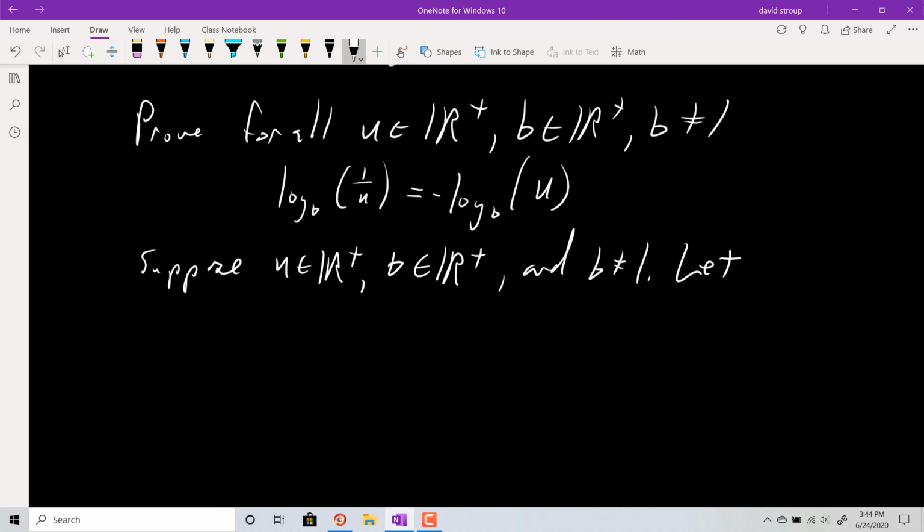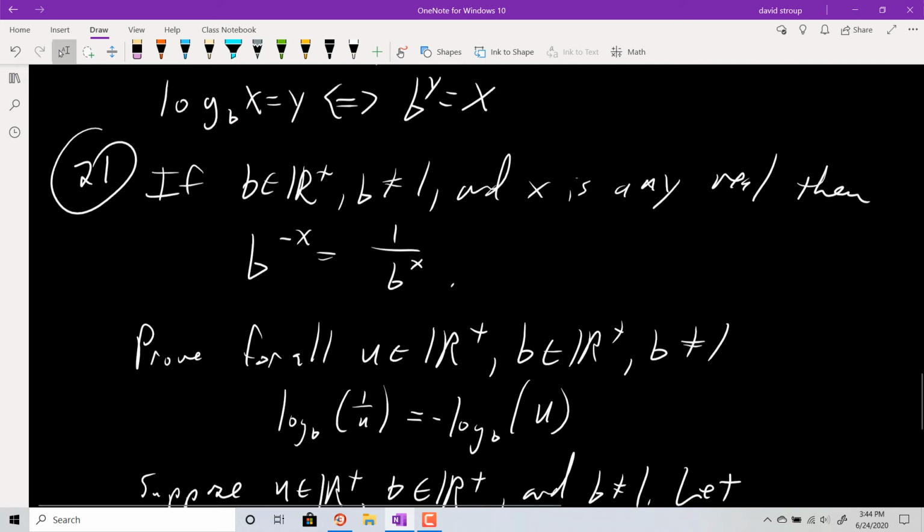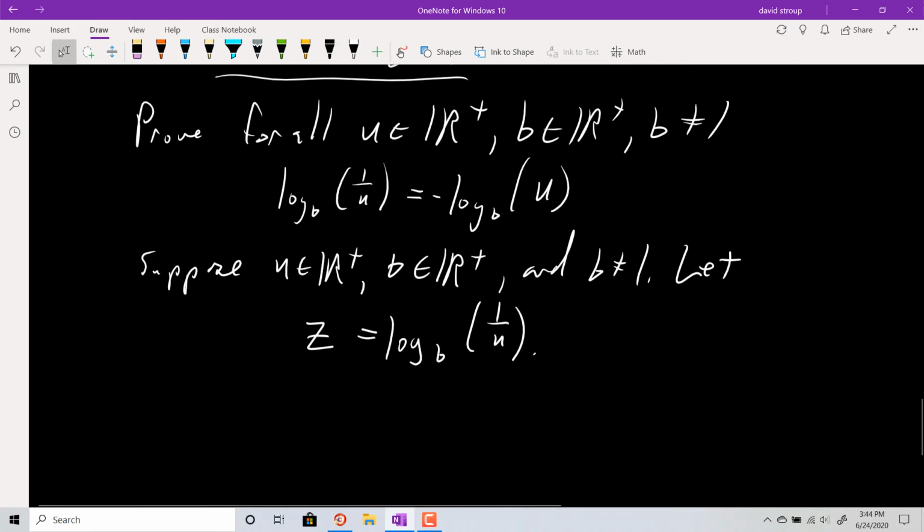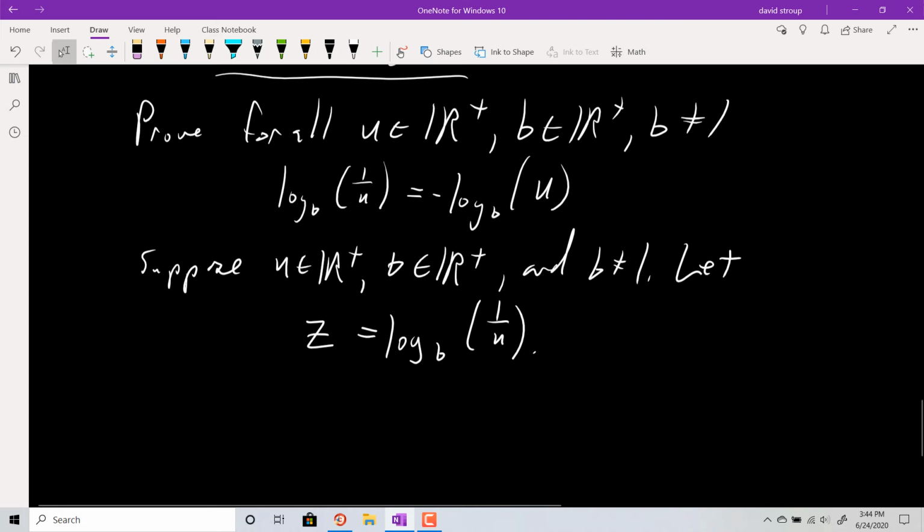We'll go ahead and instantiate the z value, which will equal the log base b of 1 over u. Okay, we want to use definitions, the definition of logs and this rule of exponents that I introduced here in the beginning, in order to prove that this z thing is equal to negative log base b of u.